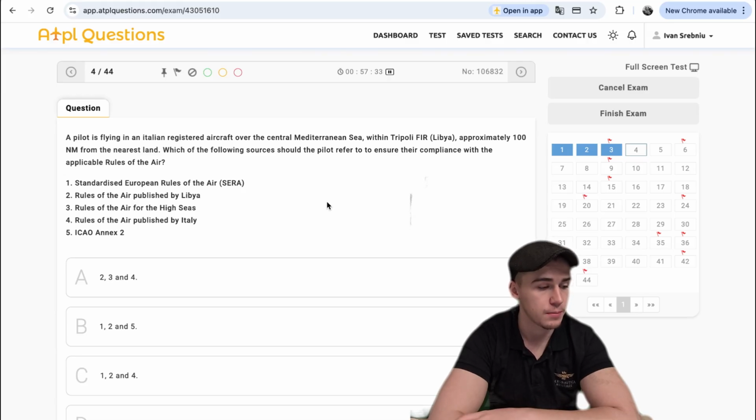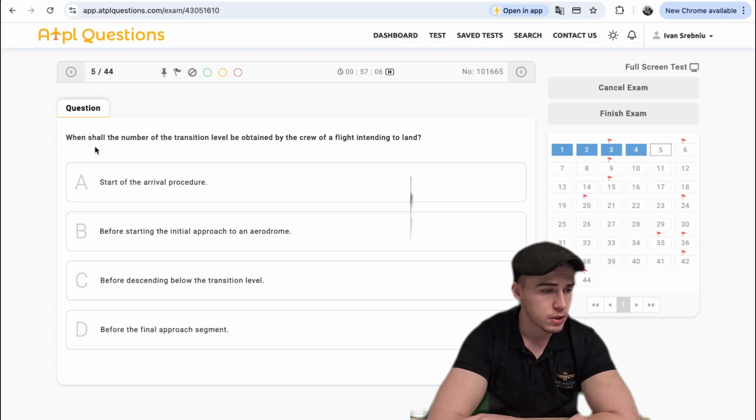First, the correct answer is: ICAO Annex 2, the rules of the air. And second, the rules of the air published by Libya, because he is flying within Tripoli FIR Libya. So 1, 2, 5.